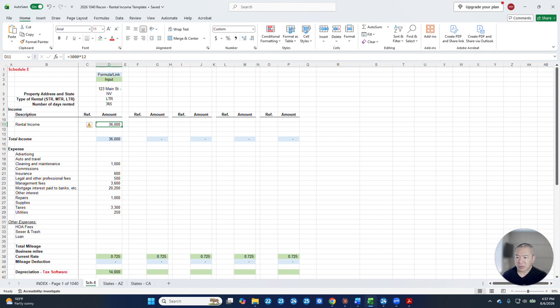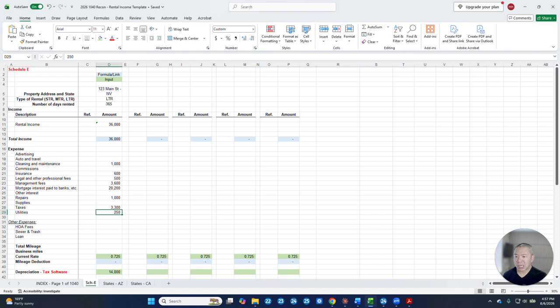Made $36,000 of rental income, $1,000 in cleaning and maintenance, $600 for insurance, $500 legal and professional, 10% for management fees, which is 8-10% is common for management fees. This is going to be from the tax form. I'm going to assume $20,200 for mortgage interest, $1,000 for repairs, taxes are $3,300, utilities is $250.